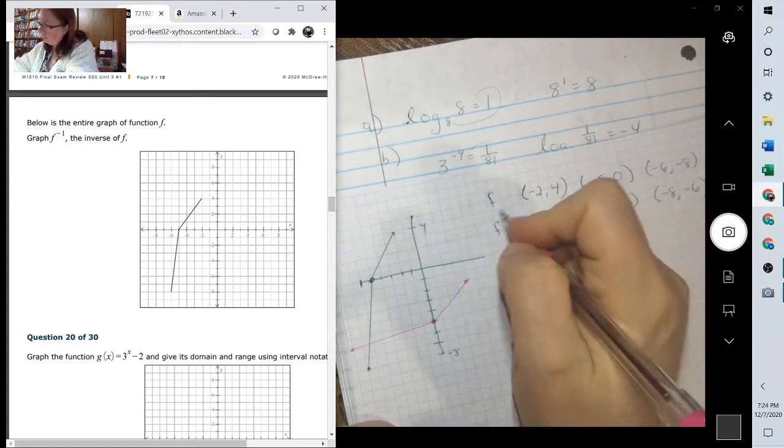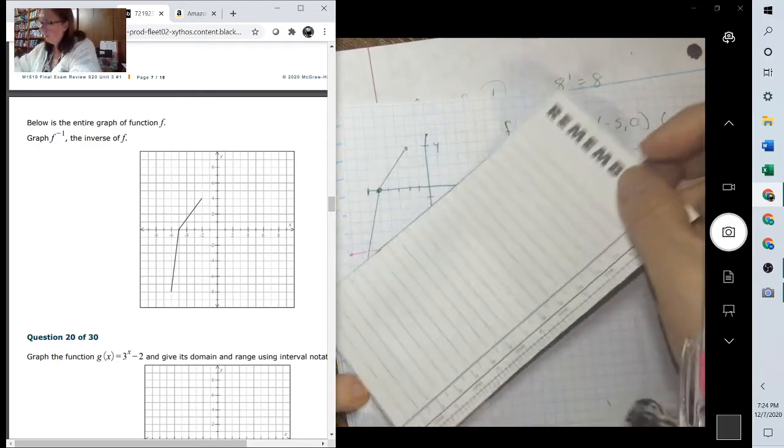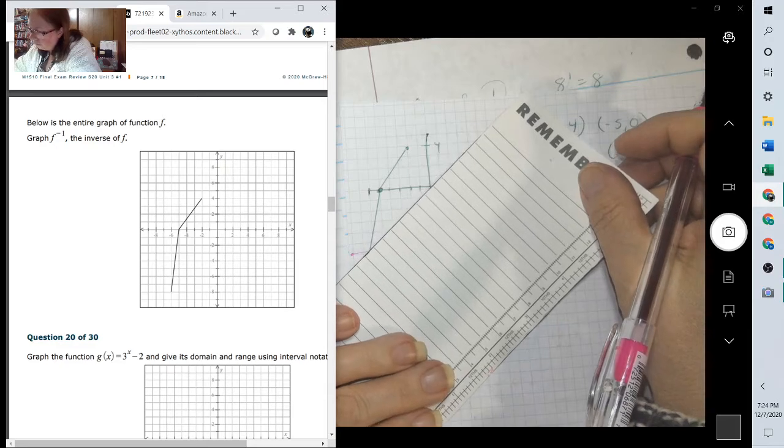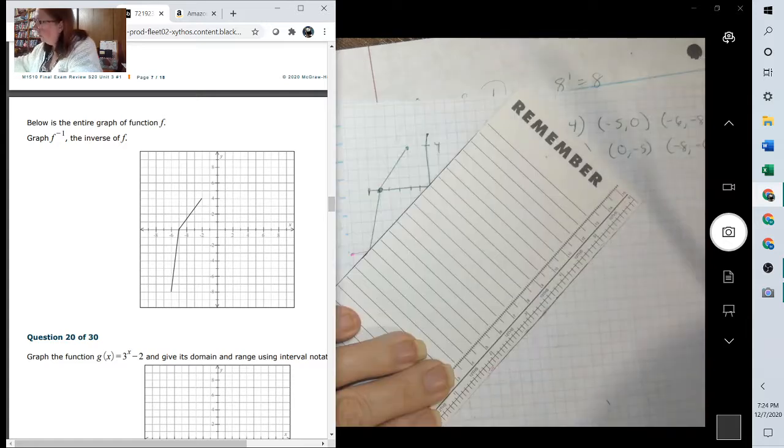So the pink is the inverse. Notice they flip on this.